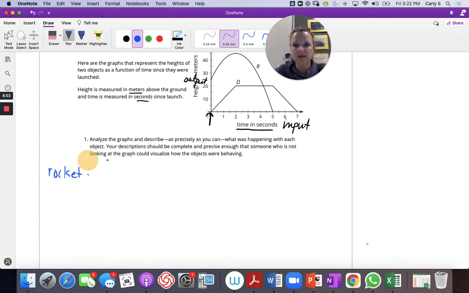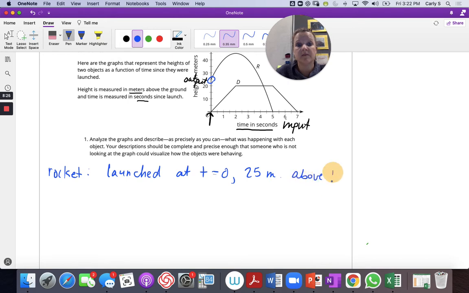All right, now let's talk about the rocket. We can see that at time equals 0, it starts 25 meters above the ground. The rocket was launched at time equals 0, 25 meters above the ground.